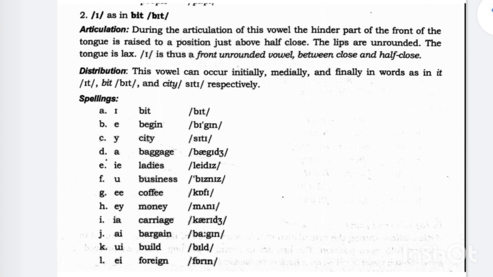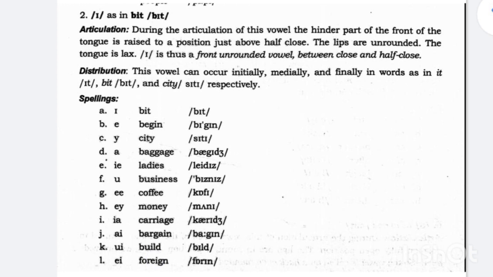When you observe the transcription over here, you can see E sound is here, and it is represented by AI in the word bargain. The next word is build. Again, U and I in this word stand for the vowel sound E. The final word given in the spelling section for you is foreign.